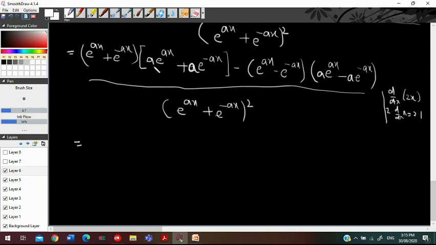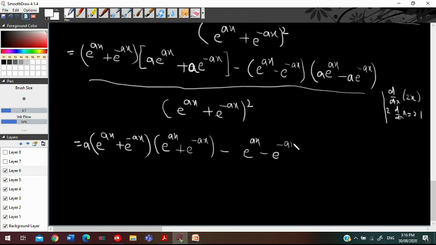Now here we have exponential of ax, and then we calculate all these terms. When we simplify all the terms, if I write it, e ax plus e minus ax, and if I take a common from here, then I write exponential of ax plus exponential of minus ax minus exponential of ax minus exponential of minus ax.